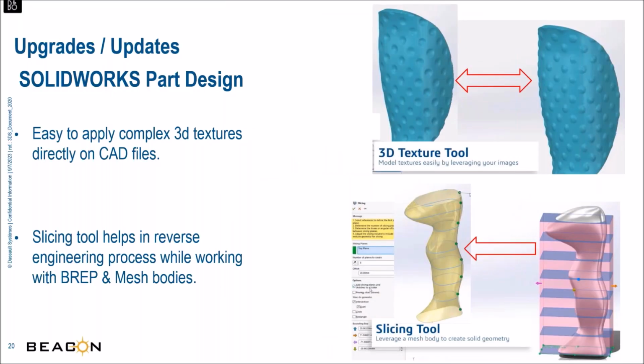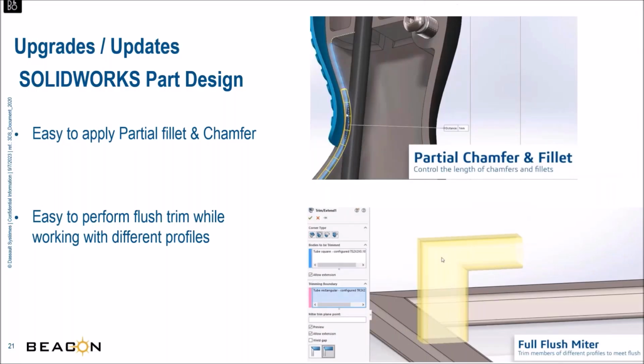Working with STEP, IGES or graphic bodies is way easier in SolidWorks now. We can incorporate 3D texture tools directly on it, or for reverse engineering processes, we can make use of the slicing tool.